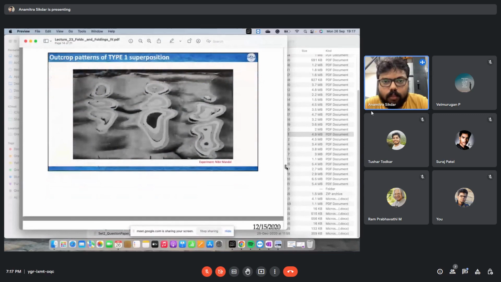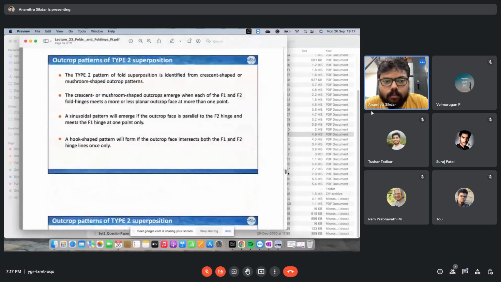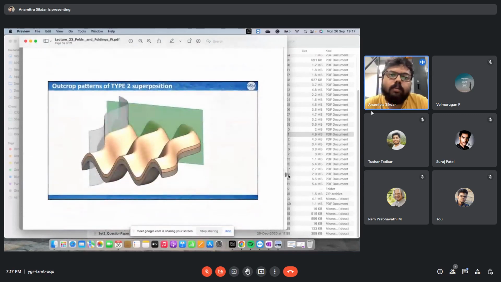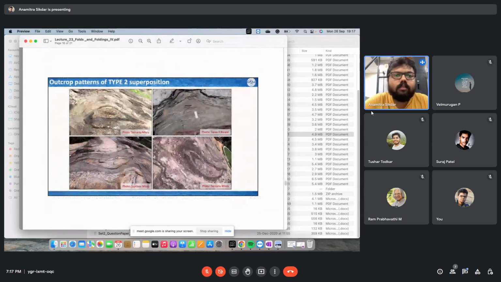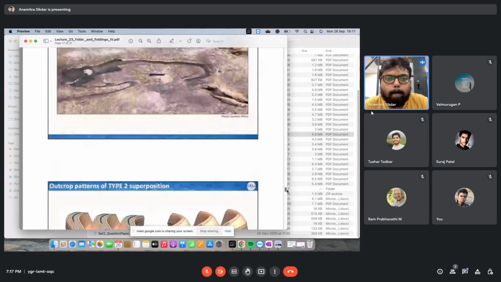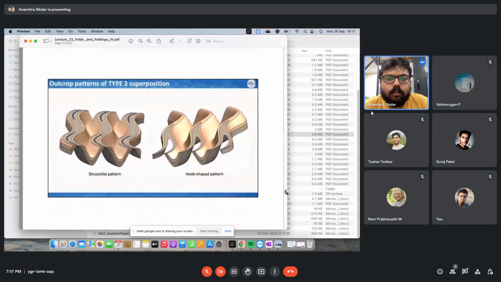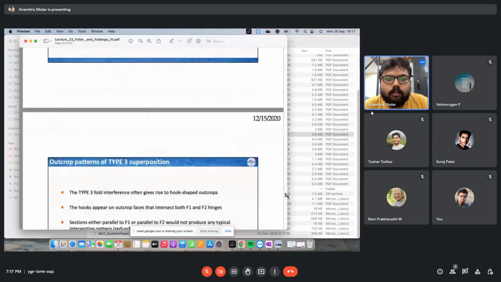Okay, so this is an experiment. In case of type 2 superposition, we get this hook, mushroom or crescent shape, right? This is what we see in the field, the superposition patterns. This is another example.